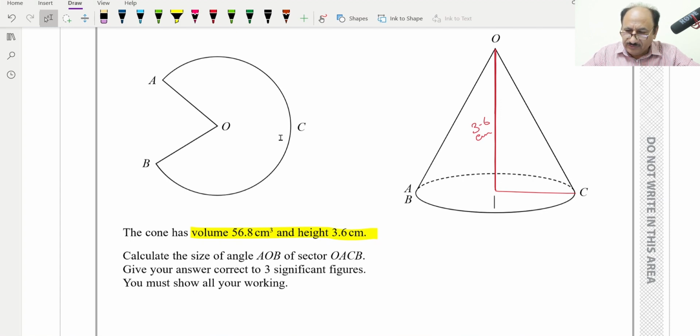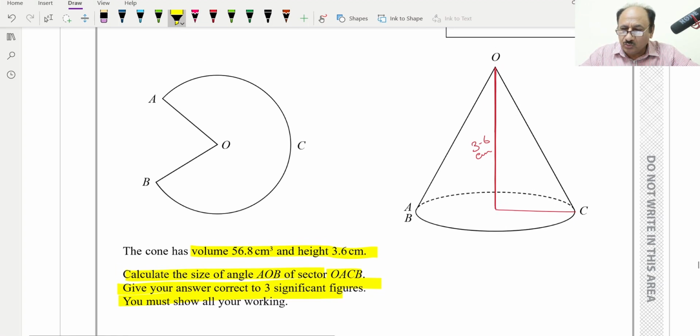So we can find this radius. How can we find this radius? We will check. Calculate the size of angle AOB. One task is we have to calculate the size of angle AOB of sector OACB. Give your answer to three significant figures.